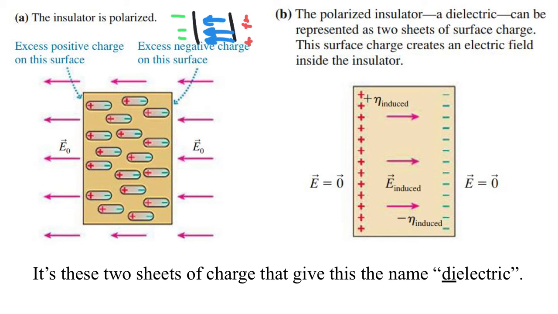But of course, the insulator is made of atoms. The atoms have some negative charge and some positive charge, and they're sort of trapped together. They can't move very much, although they can rearrange themselves in the atom, so that when we apply an electric field this way, the positive charges are drawn over this way, the negative charges are drawn the other way, and the atom becomes what's called polarized.